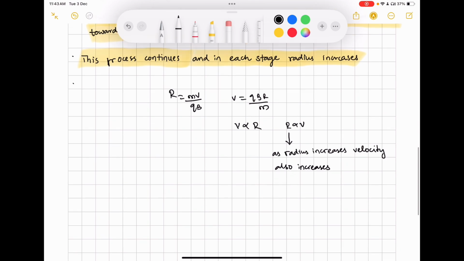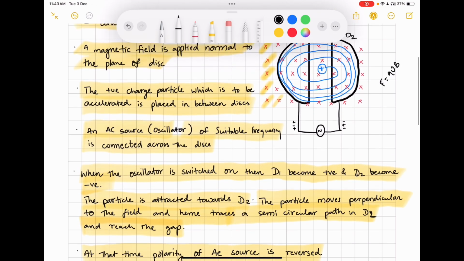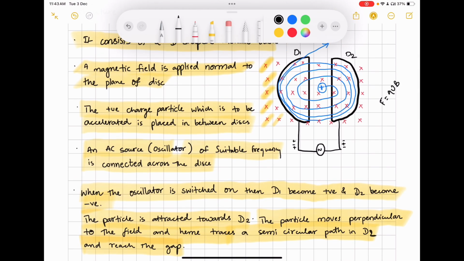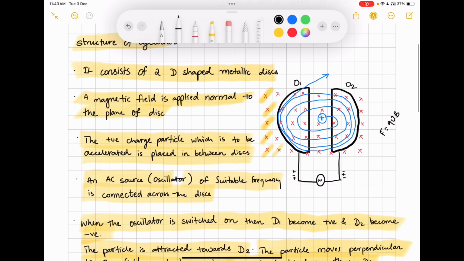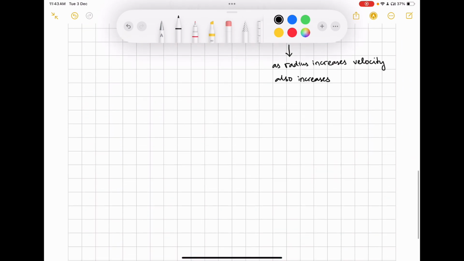So we can say that the particle will keep on increasing its radius and velocity, and it will be ejected with maximum velocity. The particle will be ejected from the D with a maximum velocity.